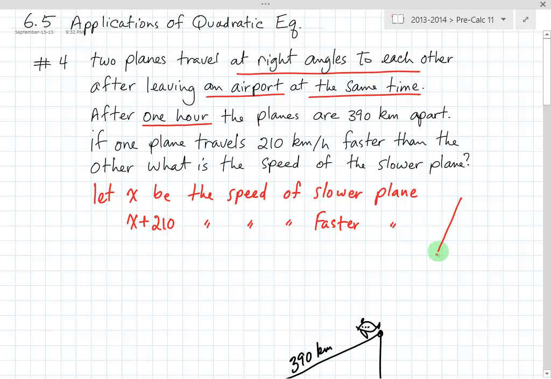So some information is already done for us. We know the relationship between distance, speed, and time. The DTS relationship is something that we used to use, right? If I want to find the covered distance, then I have time times speed. So distance is equal to time times speed.